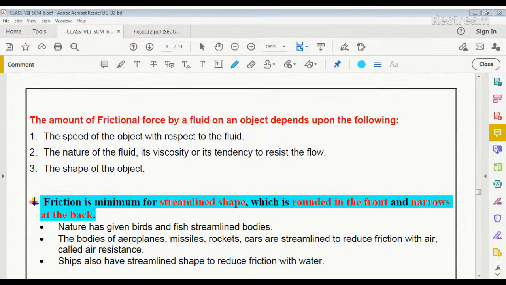We understand now that nature has given birds and fish streamlined bodies.